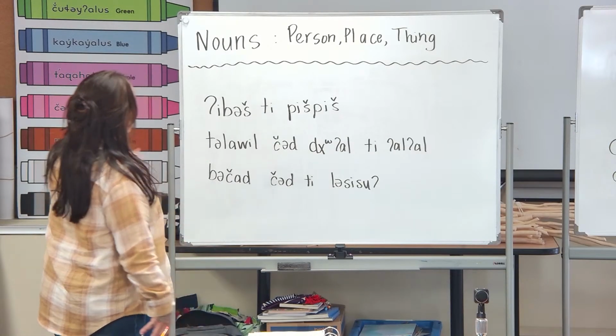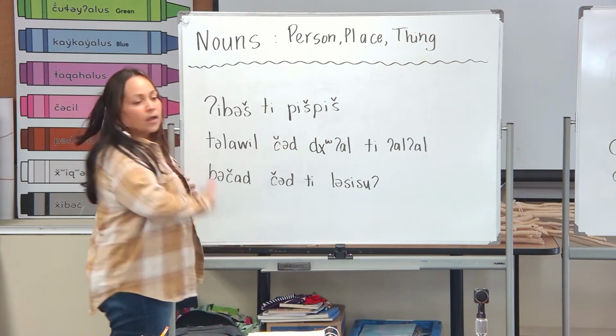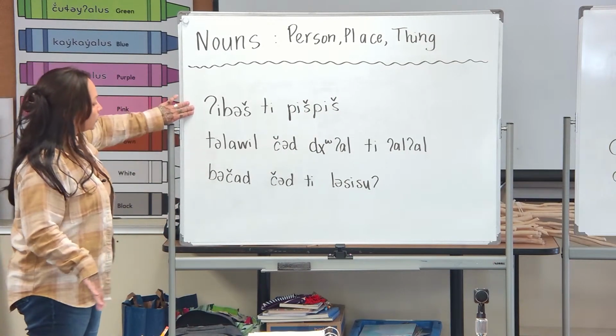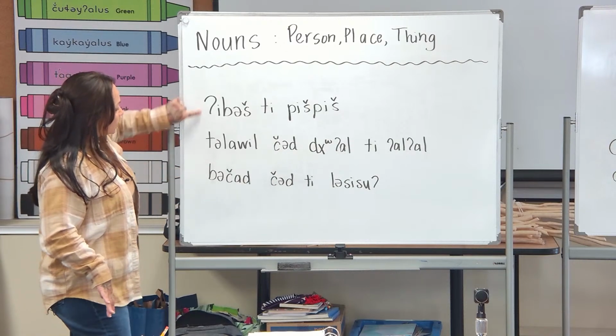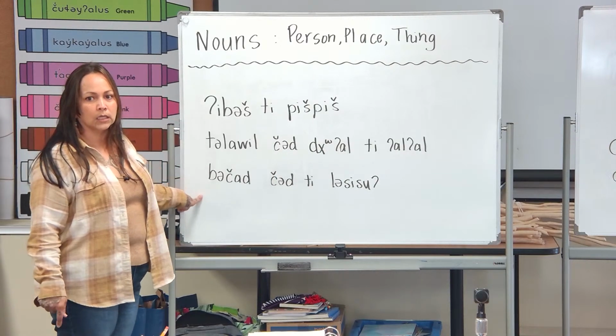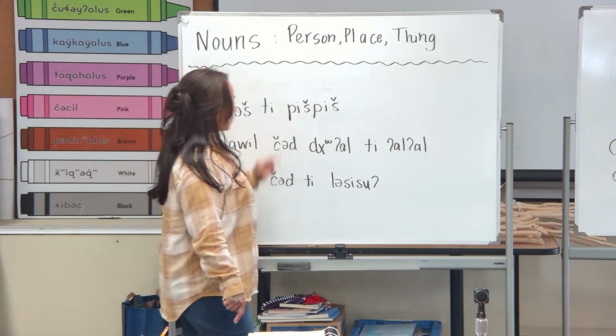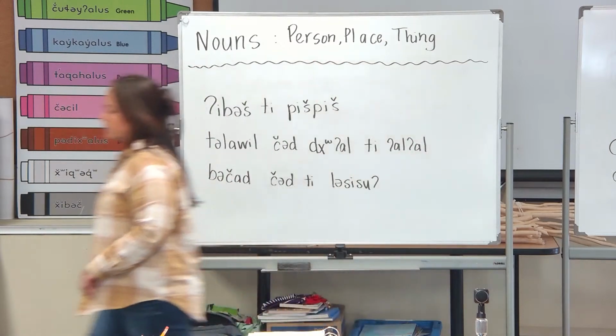If we were to look at these sentences, not even having to know what they say, what are these first words most likely? The verbs. These are the verbs. And what follows the verbs?